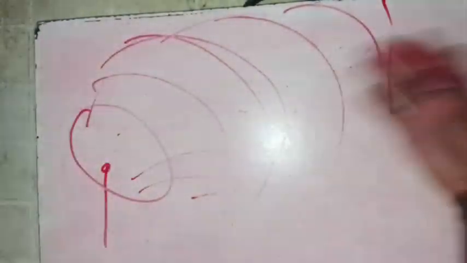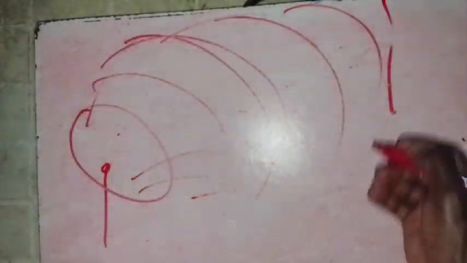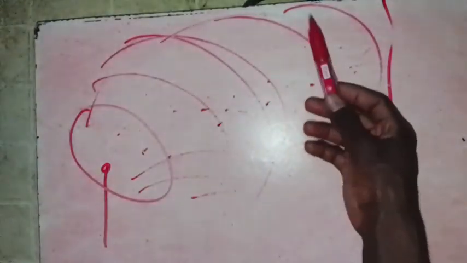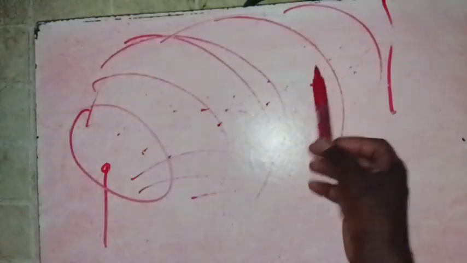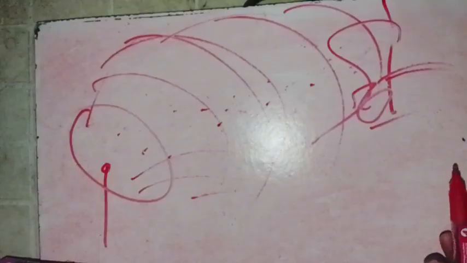It's just until infinity. The surface integral vanishes at infinity. You are trying to sum up the effects of the field at different points. At infinity, that integral vanishes.